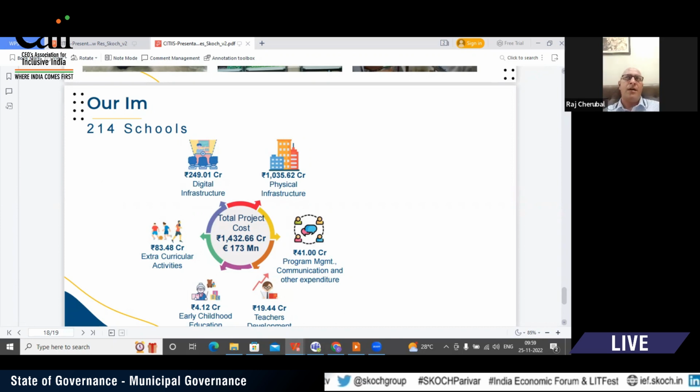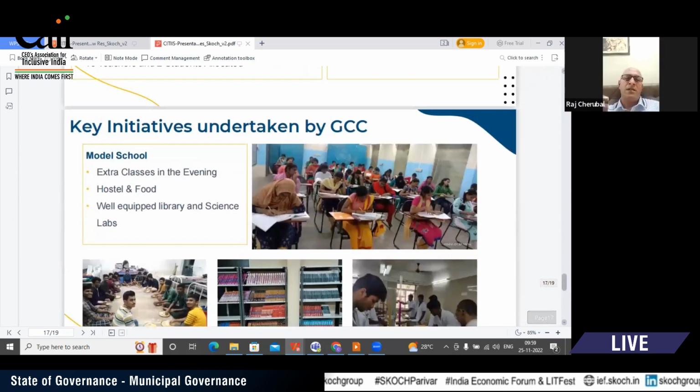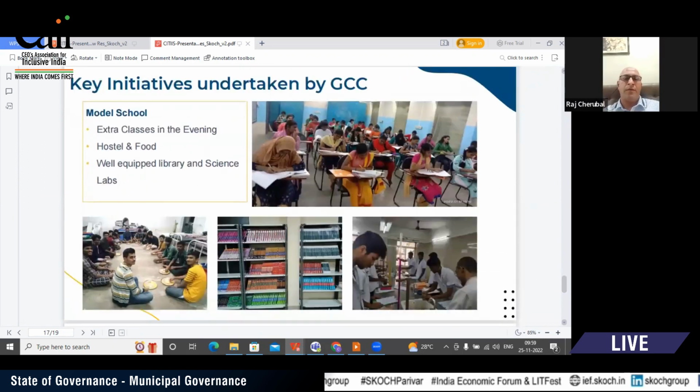For example, the Tamil Nadu government has something called a model school, where deserving children are given residential facilities, food, etc., and very special training so that they can start competing for IITs and NITs and so forth. So all this has become part of a much larger strategic picture, and funds are coming from government, from CSR and other sources.